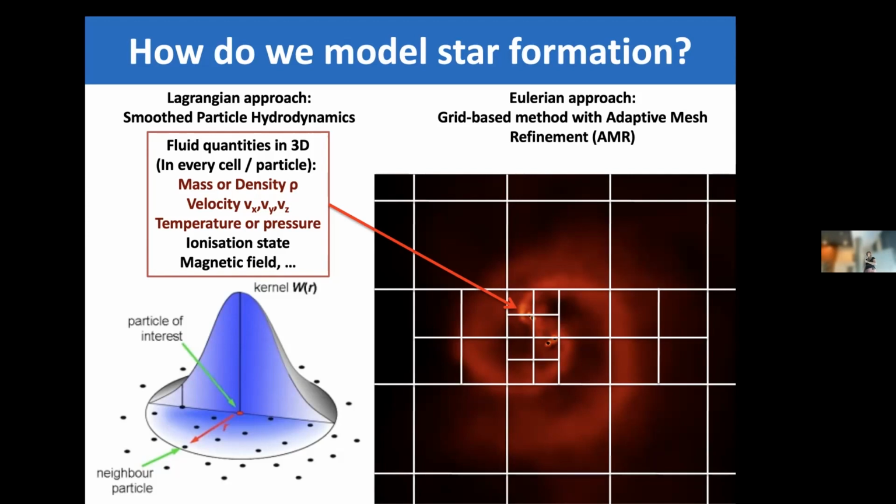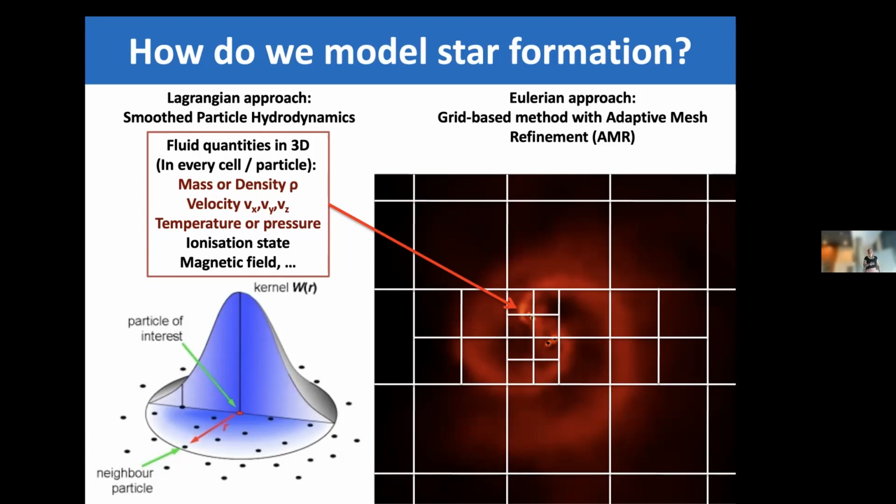You don't need to have equal mass, but equal mass gives the best properties numerically. That's why people use equal mass particles, unless you do particle splitting or something. And then the particles represent parcels of gas, moving around with the flow, so they are moving the mass around.